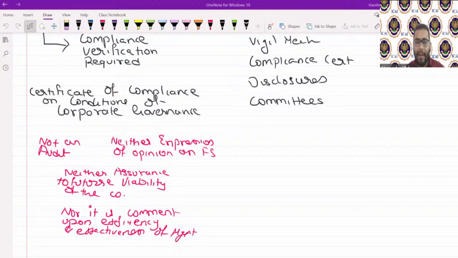This compliance certificate can be obtained either from auditors or a practicing company secretary.